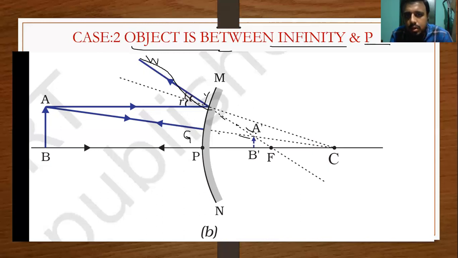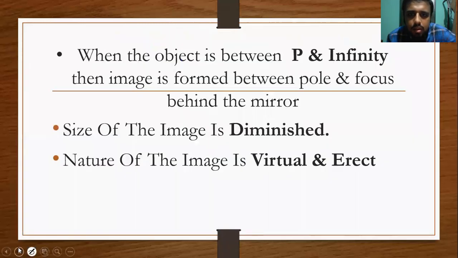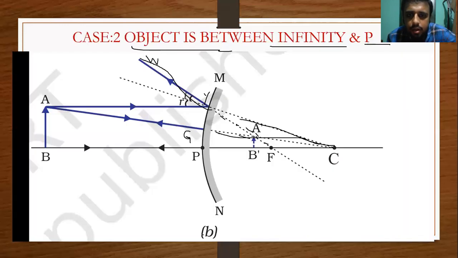We have to dot it, and the image is formed between pole and focus, between points P and F. As you can see, the size of the image has decreased as compared to the object.